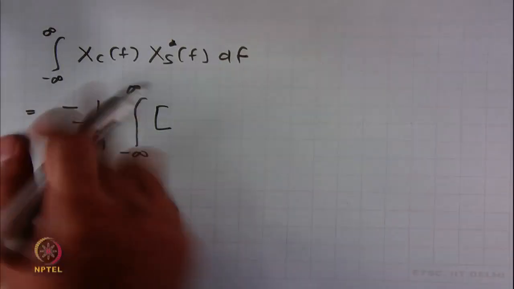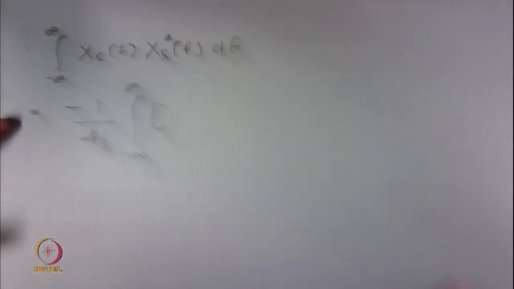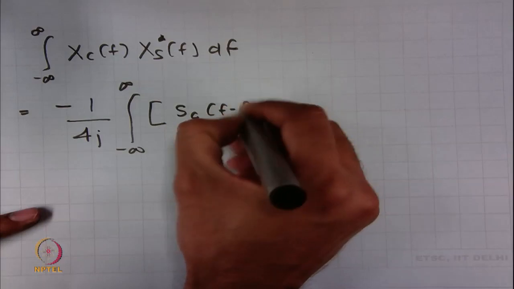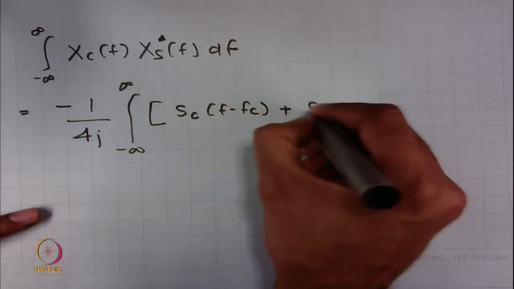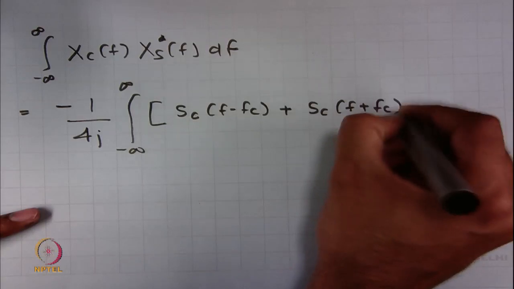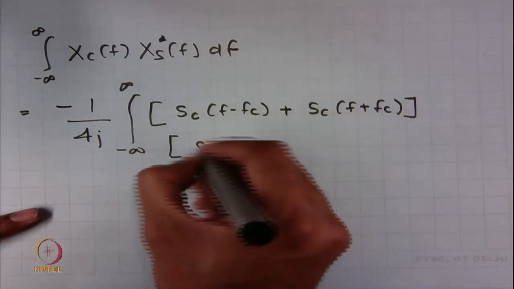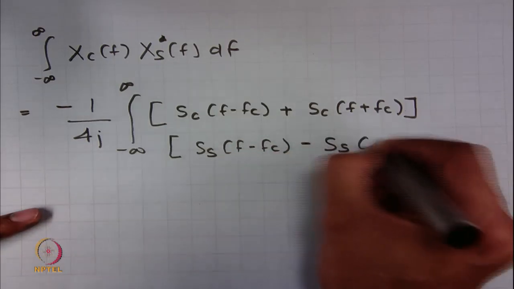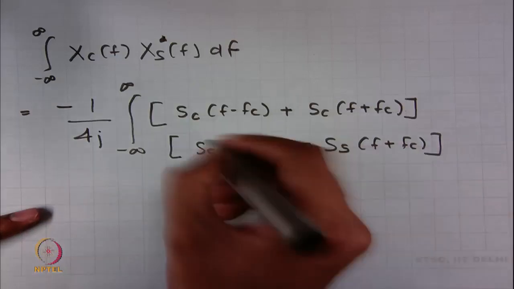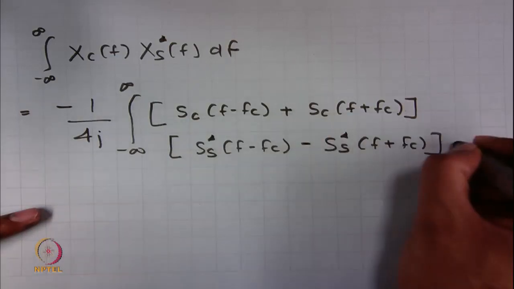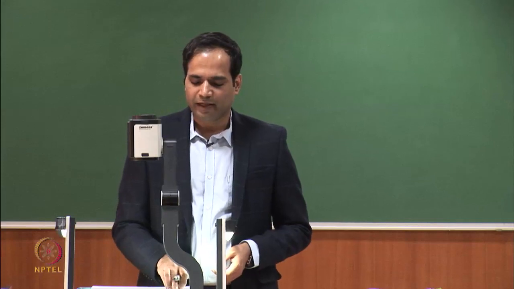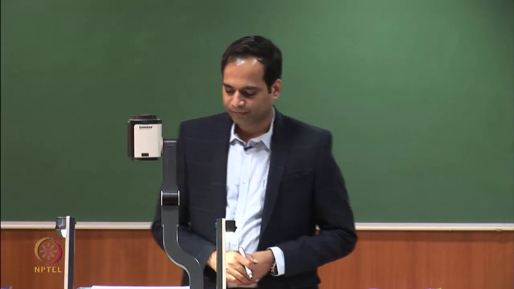So, what we would have is SC(f minus fc) plus SC(f plus fc), multiplied by SS(f minus fc) minus SS(f plus fc), and these would come with conjugation. We have to see what this integration is, and what I have done is just replace the values of XC(f) and XS(f).